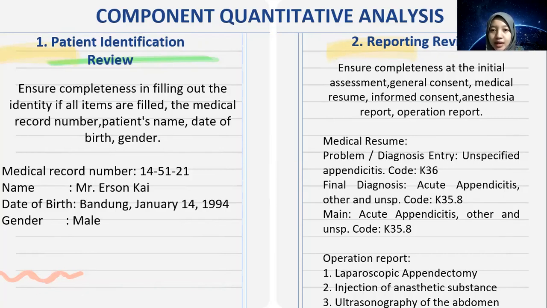2. Reporting review. Ensure completeness of the annual assessment, general consent, medical resume, informed consent, anesthesia report, operation report, problem or diagnosis entry: unspecified appendicitis; final diagnosis: acute appendicitis, other and unspecified; main: acute appendicitis, other and unspecified.